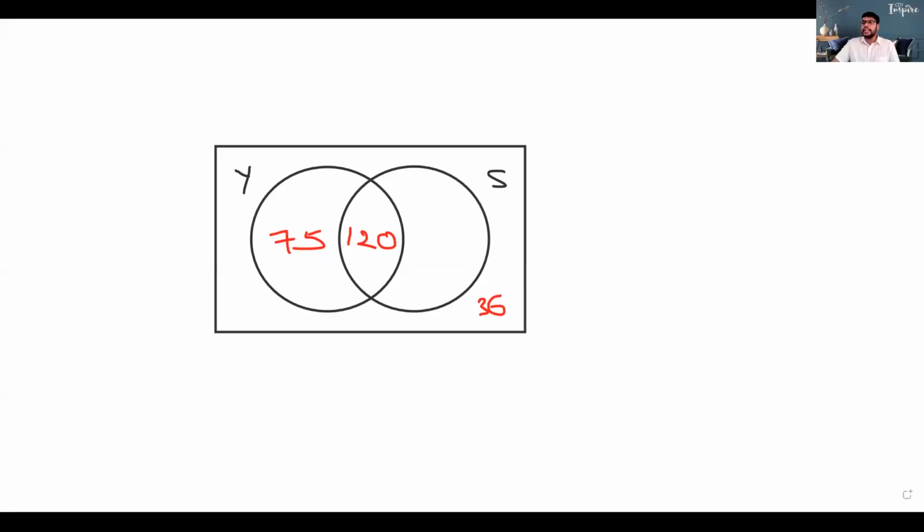Put your hands down. Then part B, shade the subset which contains the tourists who have been to Sigiriya only. So children, Sigiriya only is going to be what region? Sigiriya only is this region here.